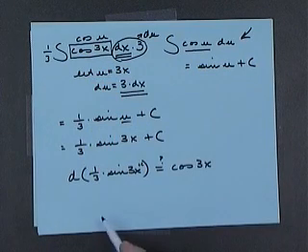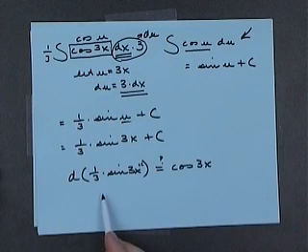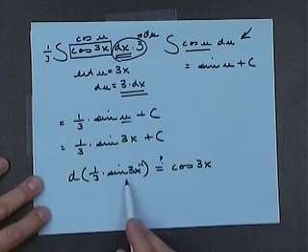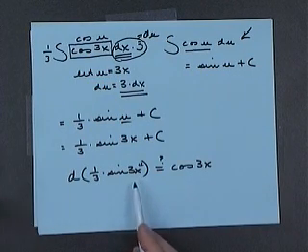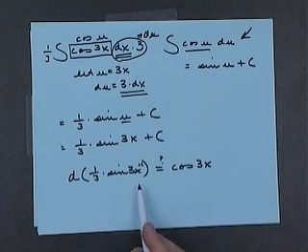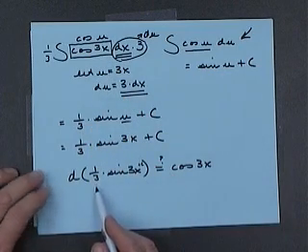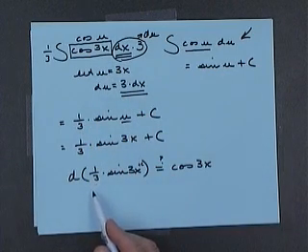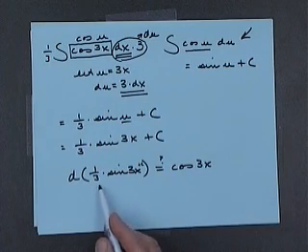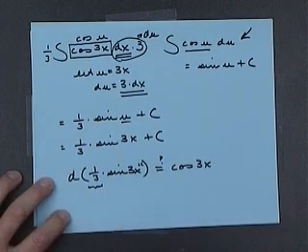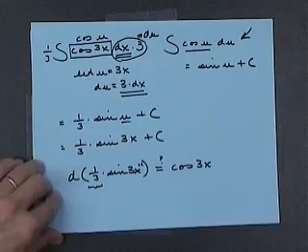I think you can probably do that one in your head, right? You see why the 1/3 has to be there? Because if you were to differentiate sine of 3x, you'd get cosine of 3x, but what else would you get? You'd get a 3. There wasn't a 3 in this original problem, so we better have something present that's going to take care of that multiplication by 3. That's the purpose that the 1/3 is solving.